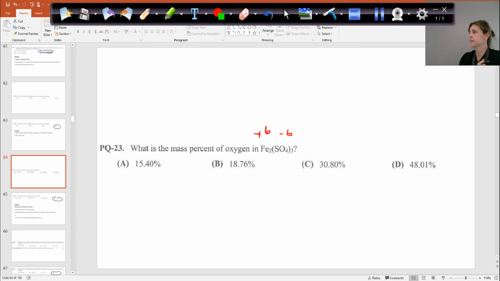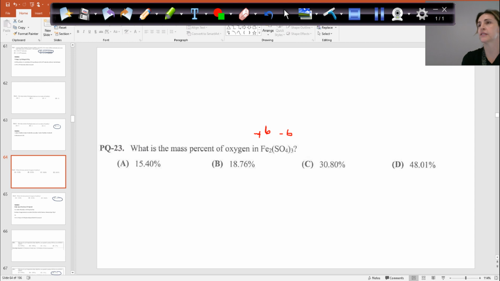How do we do this? What's the mass percent of oxygen? So the best way of solving mass percent questions is to go by the molar mass and figure out how many grams of that element there would be in 1 molar mass of that compound. So we would want to add up 2 irons. How many sulfurs? 3.